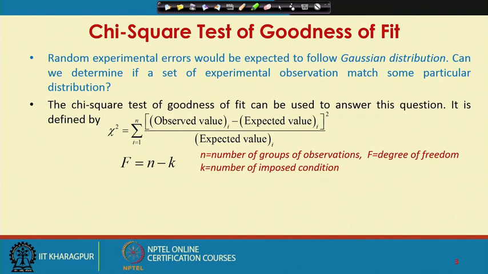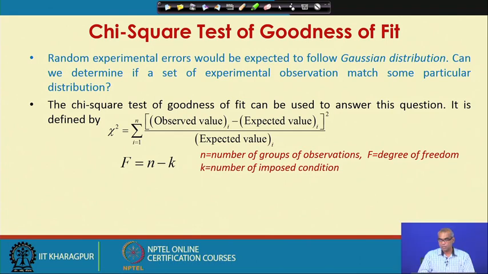Is it possible to say whether this experimental observation matches some particular distribution? So, the question we ask is, can we determine if a set of experimental observations matches some particular distribution? The chi-square test of goodness of fit can be used to answer this question.